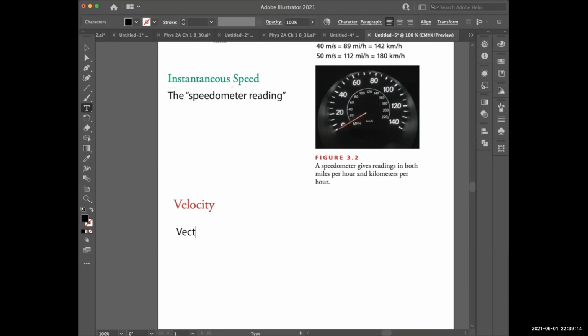Velocity is a vector quantity. So we need the instantaneous speed and a direction.